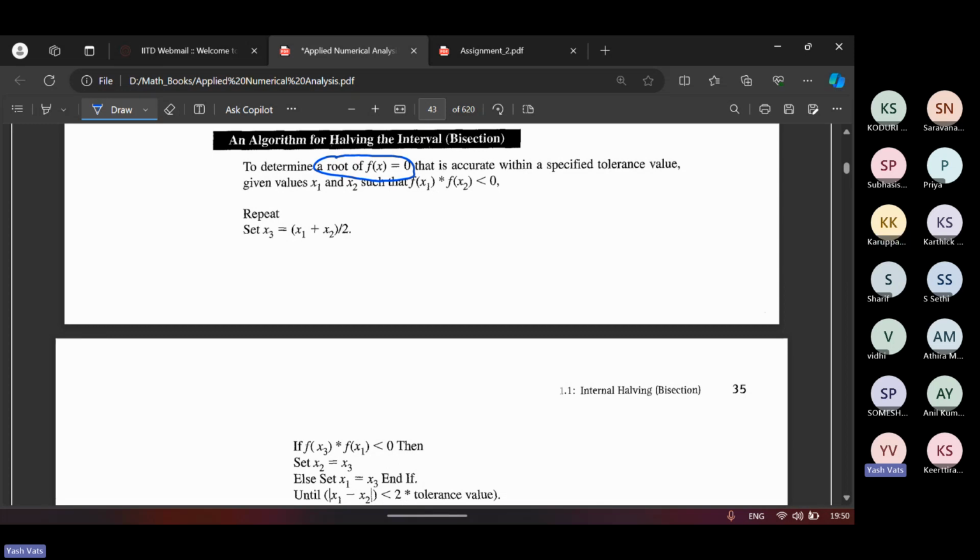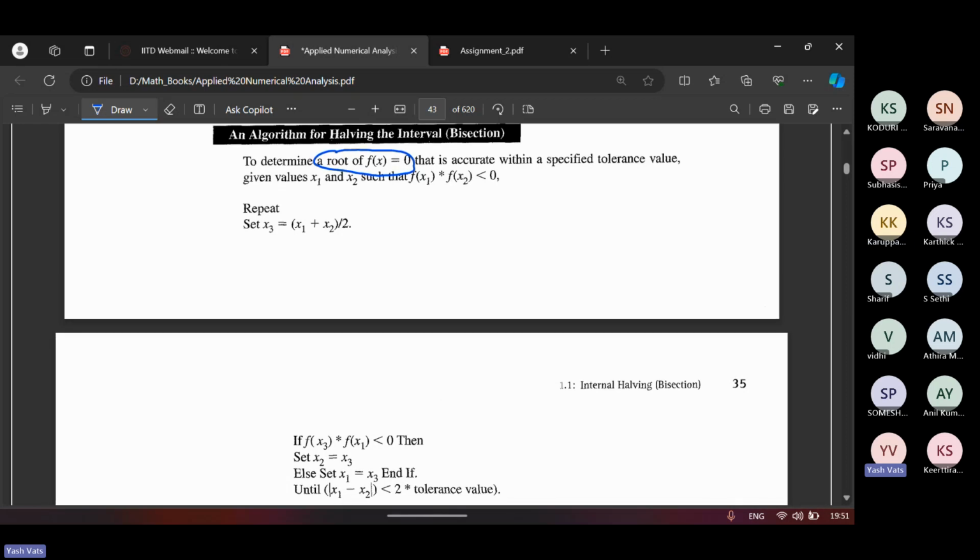If it is straightforward, then we don't use any numerical method. But if it is a non-linear and quite complicated equation, then you need to use numerical methods which give the closest approximation to the real roots. So here the basic initial method is bisection. This is the first method that we study to find the roots.